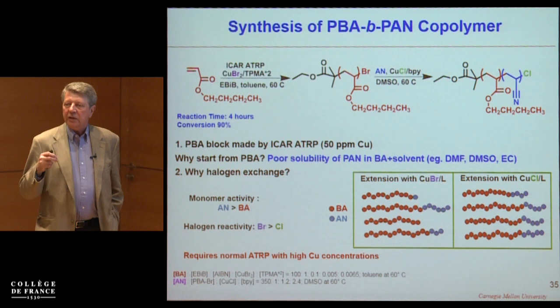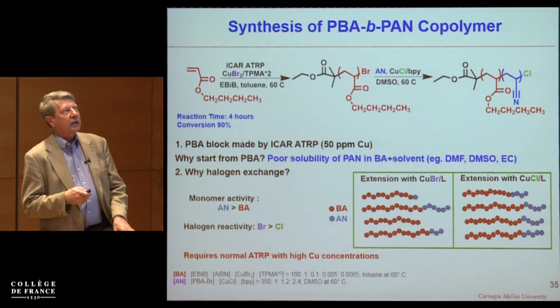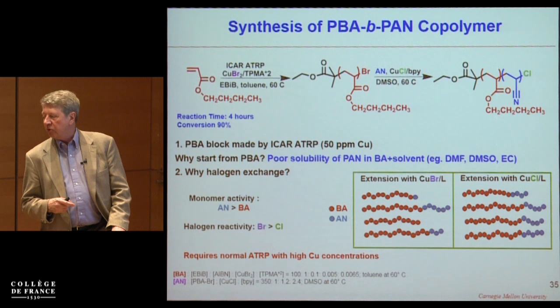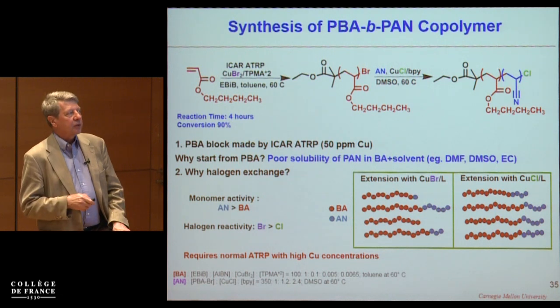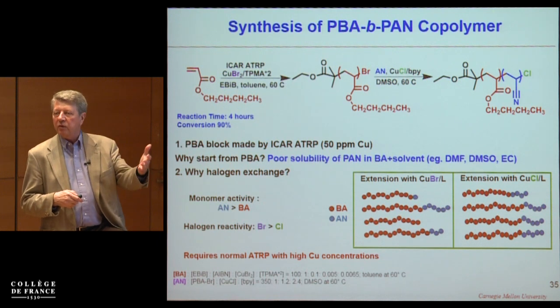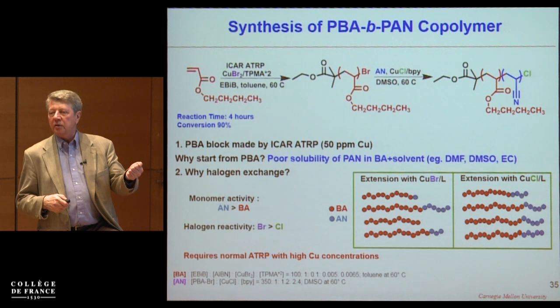You can have so-called halogen exchange, because reactivity is, in fact, reactivity of a chain end, bromine versus chlorine, and reactivity of acrylate versus acrylonitrile. So in fact, what happens is that acrylonitrile is much more active, so the chain end would grow faster than butyl acrylate, but also bromine is much more active than chlorine.